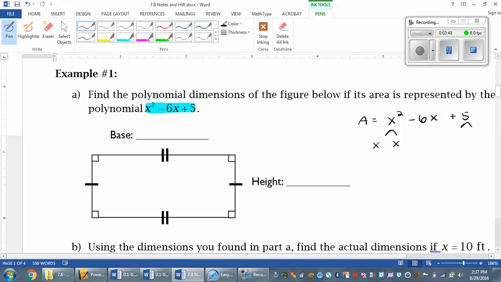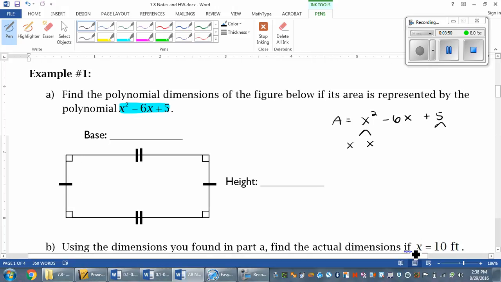Then everything that makes positive 5. Remember, since it's a positive 5, either both numbers in the combination are positive, or both are going to be negative. In this case, since I want a negative 6, both of them will be negative. So my factors are going to be x minus 1 and x minus 5.